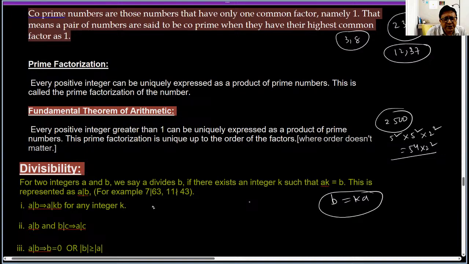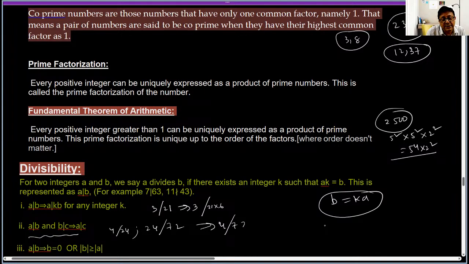Suppose 3 divides 21, this implies 3 divides 21 into 6, like that, very common. A divides b and b divides c implies a divides c. Like 4 divides 24, 24 divides 72, this implies 4 divides 72.